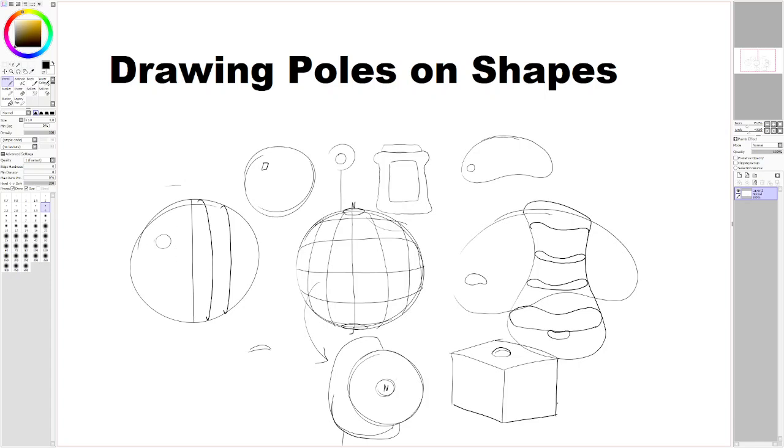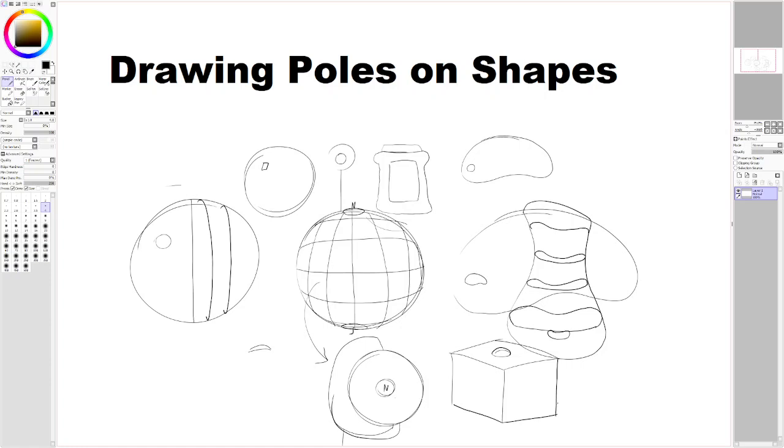Like the North Pole, if you're looking over here, the North Pole right here is closest to the viewer, which is us. So I think that's a good way to think about poles on shapes.